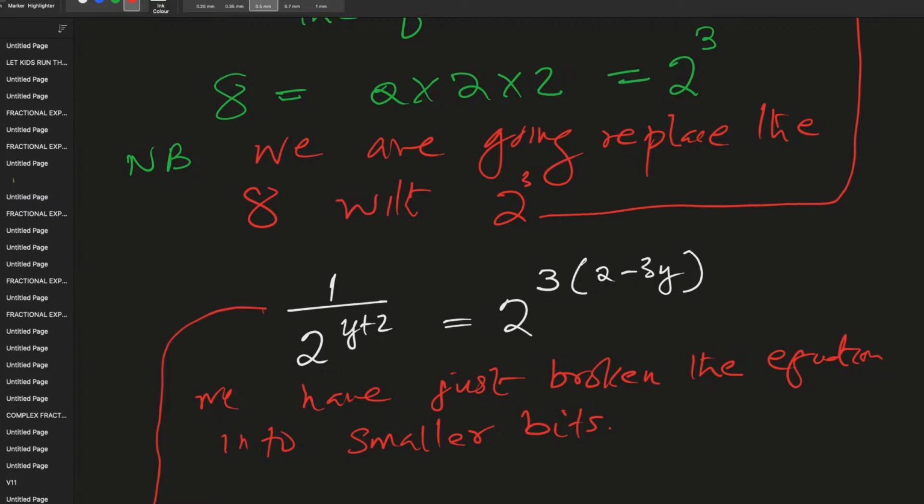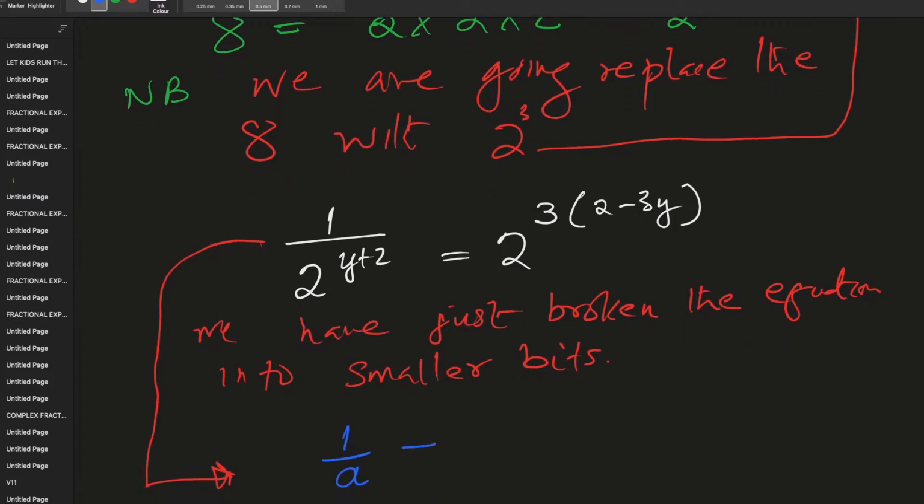Remember that one of the properties of indices that we know says that 1 over a can always be written as a raised to the power negative 1. This is one of the properties, as we'll learn.